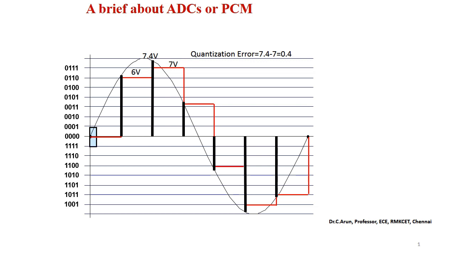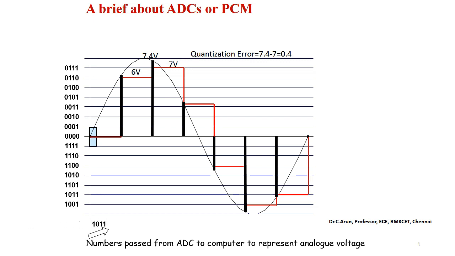Then after quantization, we are going to perform the encoding process. You can see this animation. I am considering this as the first sample. For this first sample, the corresponding binary is 1011. So the output of the PCM is 1011.